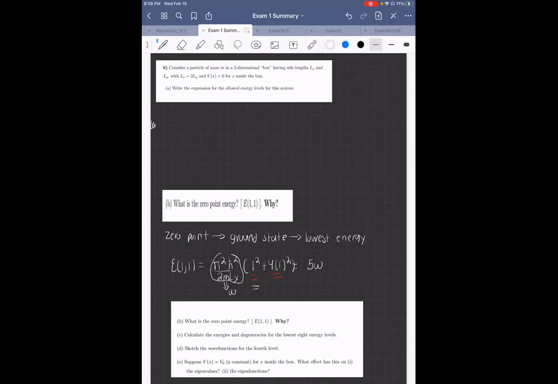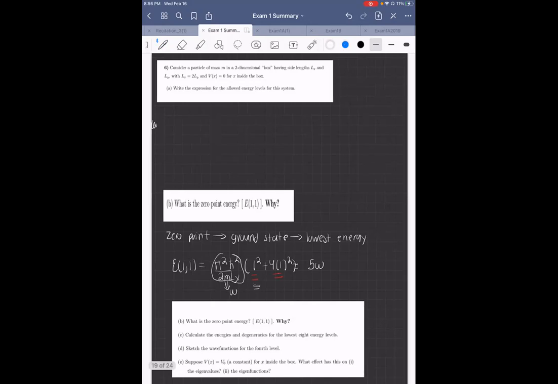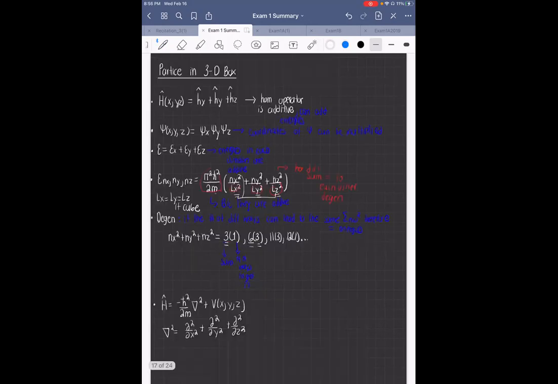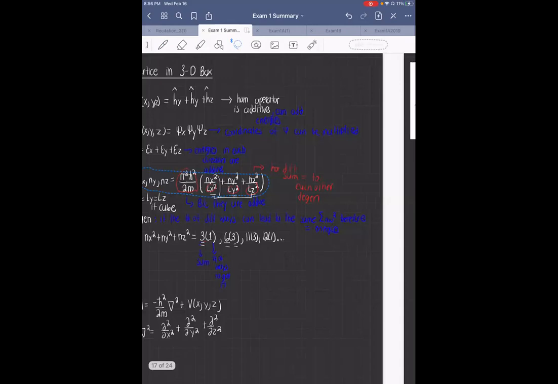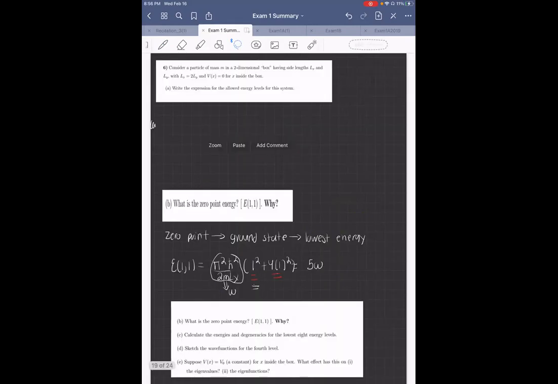So let's go to our original equation here. Since we only have 2 dimensions, we don't need nz, and we don't need this term. So we only have whatever's here.